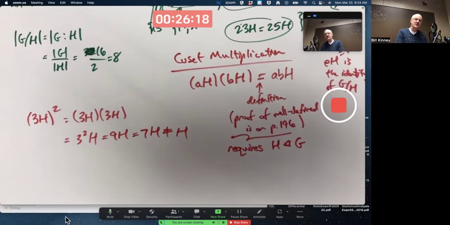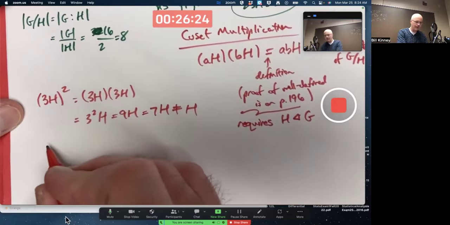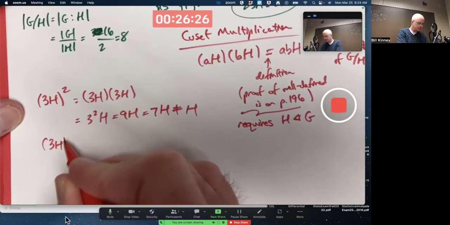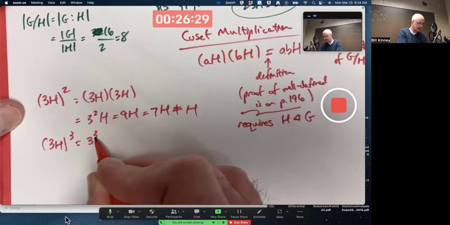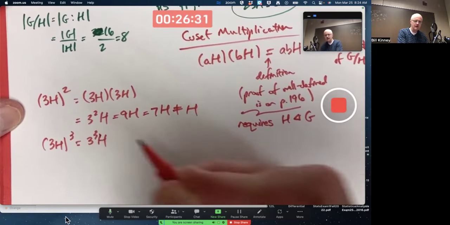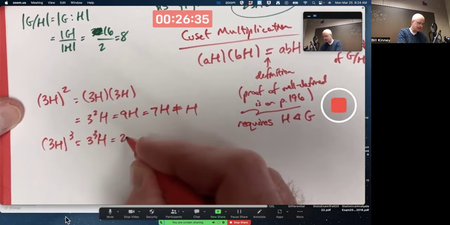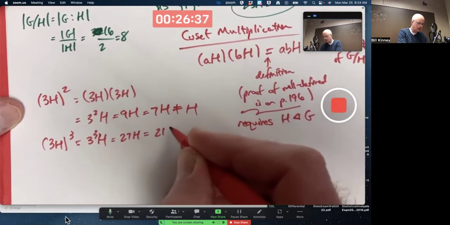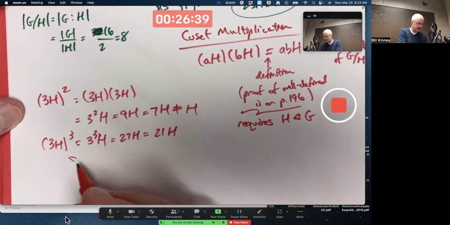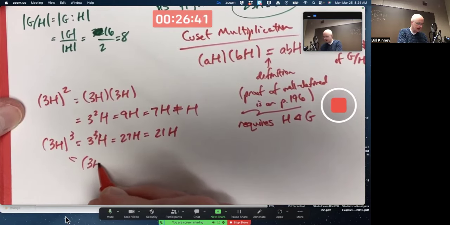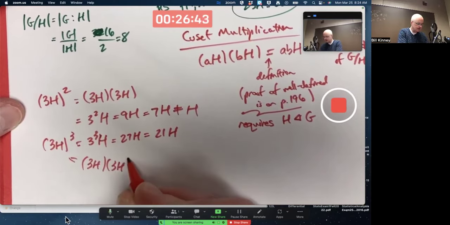What are the other possibilities for the order of 3H? 4 or 8? Keep going. 3H cubed is 3 cubed H, which is 27H or 21H, or if you prefer, you could do this as 3H times 3H squared.